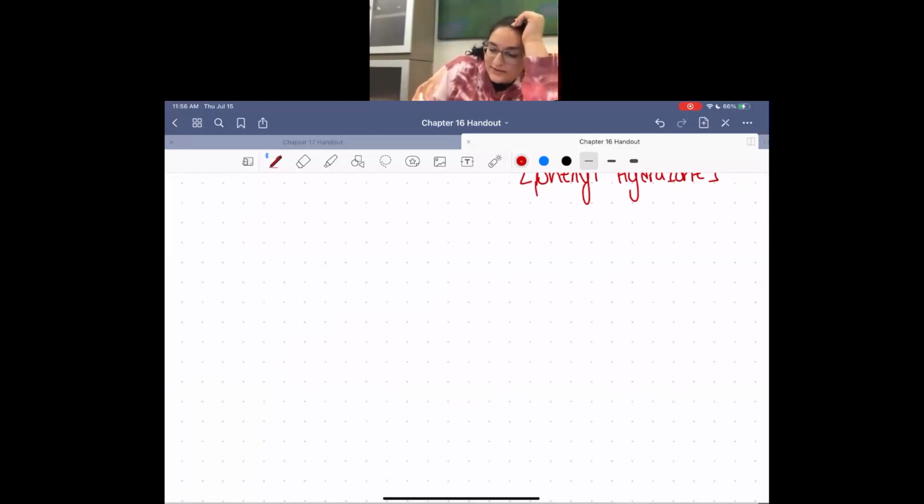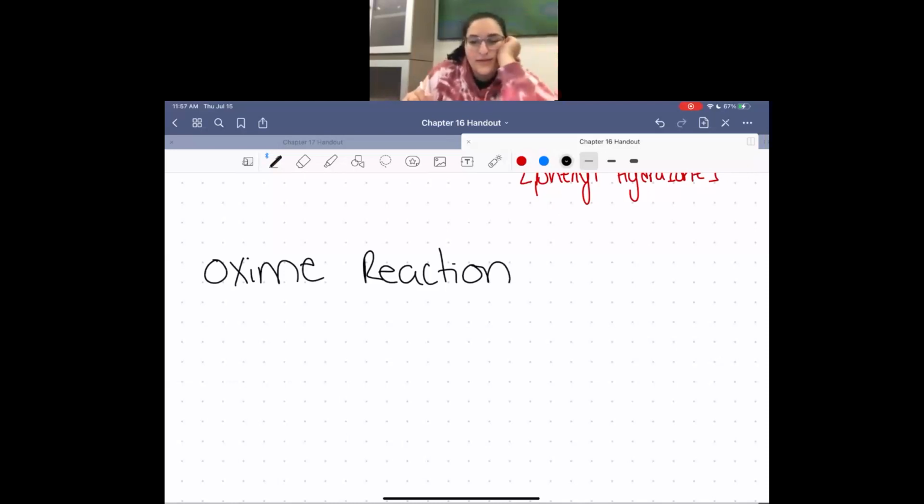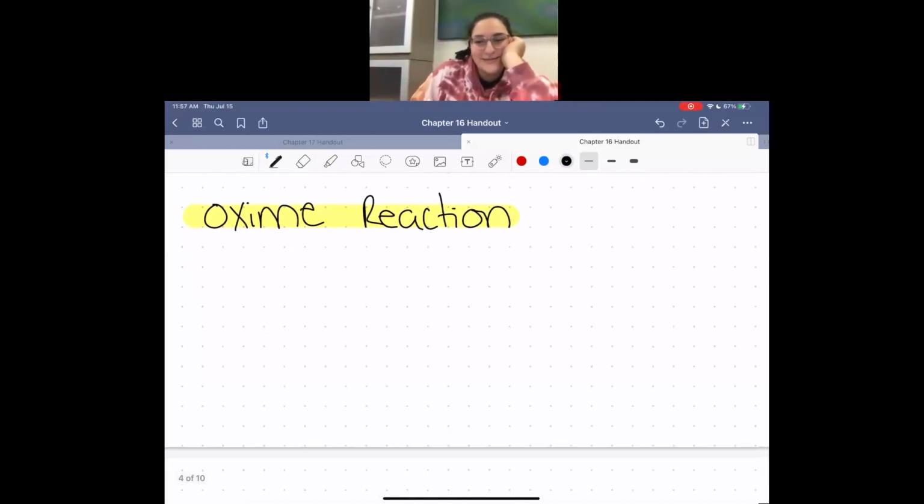We're going to call it the oxime reaction. Now, what the heck is an oxime, right? So the oxime reaction, just like all the other ones we've done, starts with a ketone or an aldehyde.